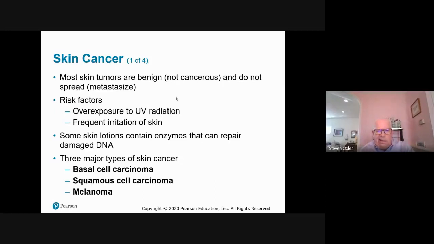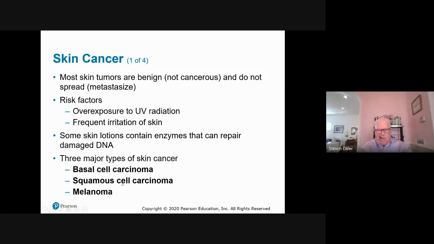So that's important. There are 3 major types of skin cancer. They're in big, bold letters. Know them. There will be 1 or 2 questions on exam number 2 on skin cancer. Basal cell carcinoma, known as BCC, squamous cell carcinoma, known as SCC, and melanoma.